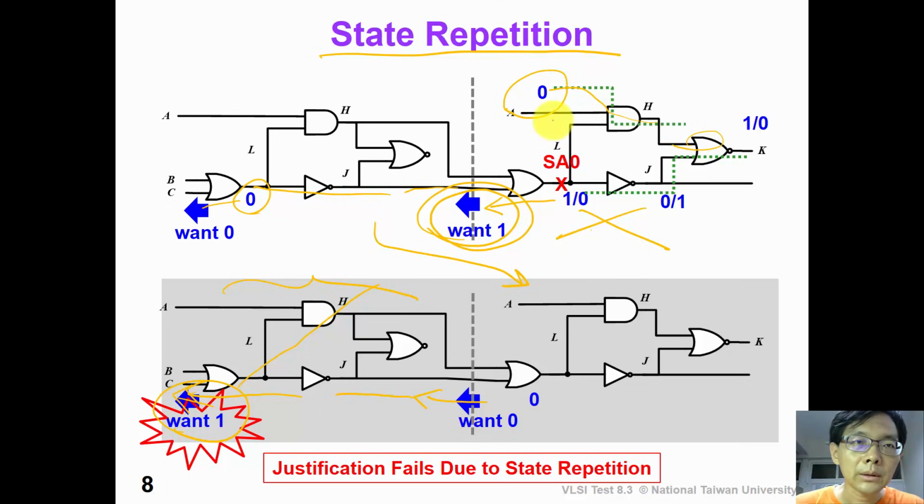So this is what we call a state repetition. In this case, actually the justification fails due to the state repetition. So now we know this was a wrong decision, so we need to backtrack to another path.